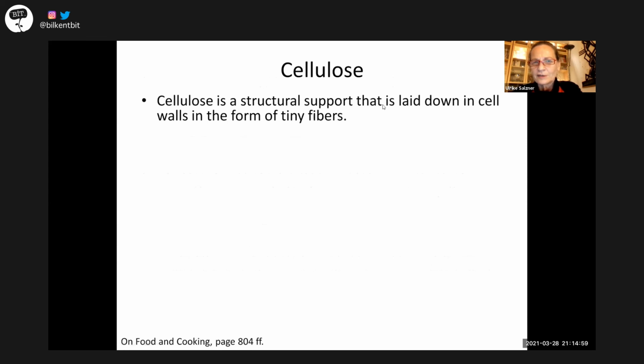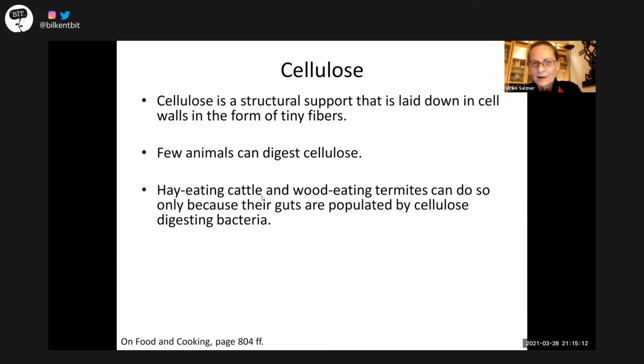So the cellulose is the structural support, which is in the cell walls of our plants as tiny fibers. And most animals cannot digest it at all. Cows can. Cows and sheep, these are the so-called regurgitating animals, can, but only because they have bacteria in their stomach which can do it.